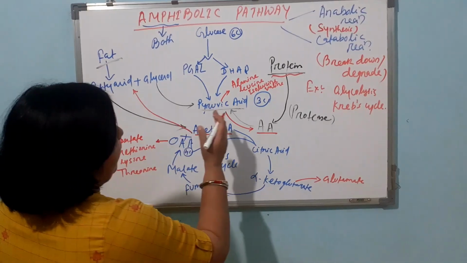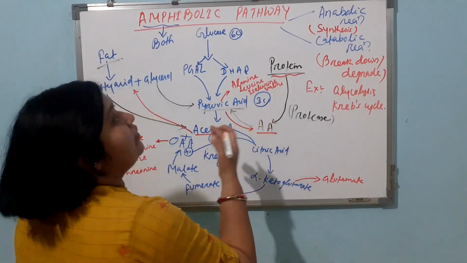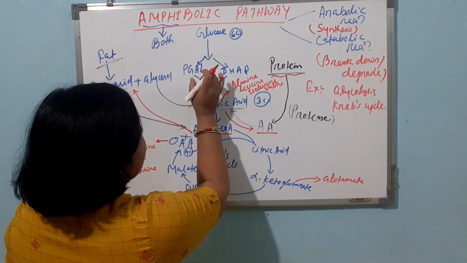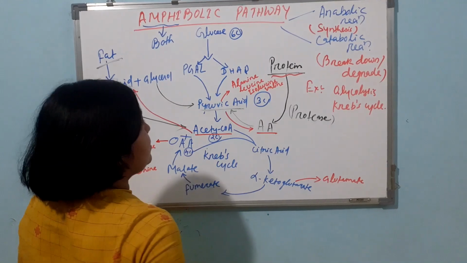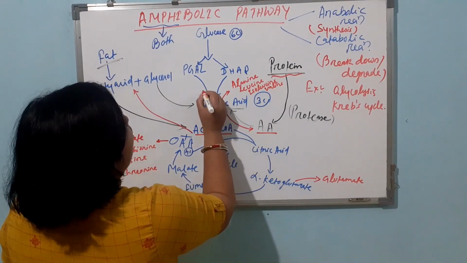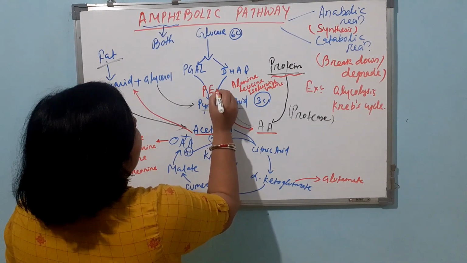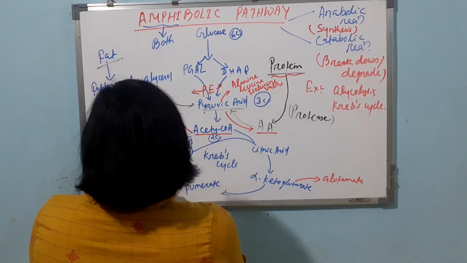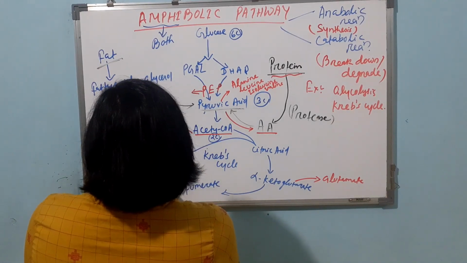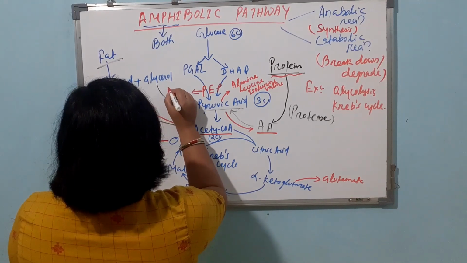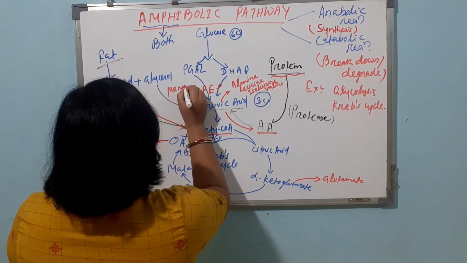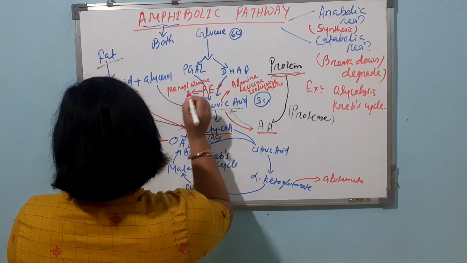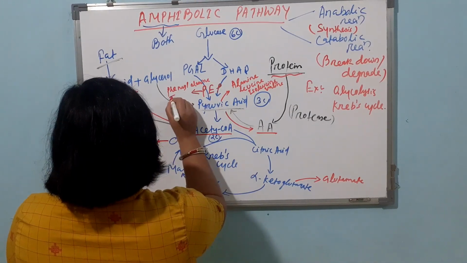Similarly, before pyruvic acid, another substrate is forming from phosphoglyceraldehyde and dihydroxyacetone phosphate. That one is phosphoenol pyruvic acid. This phosphoenol pyruvic acid also synthesizes phenylalanine and tyrosine.